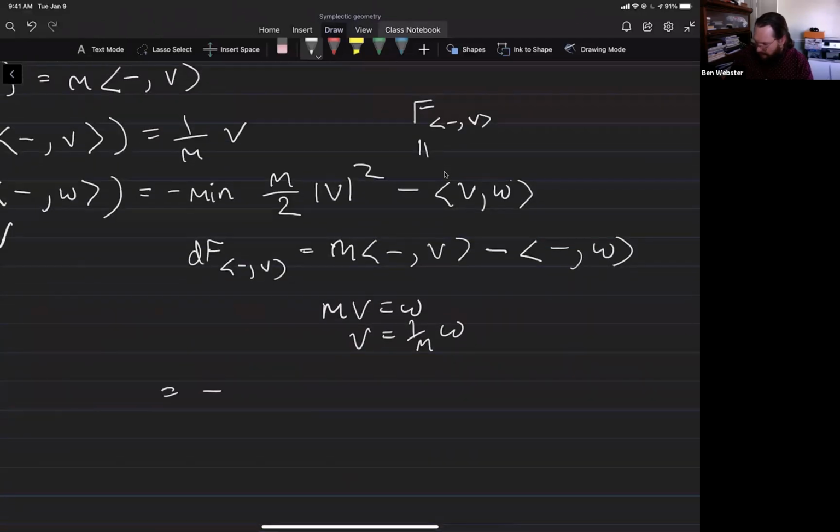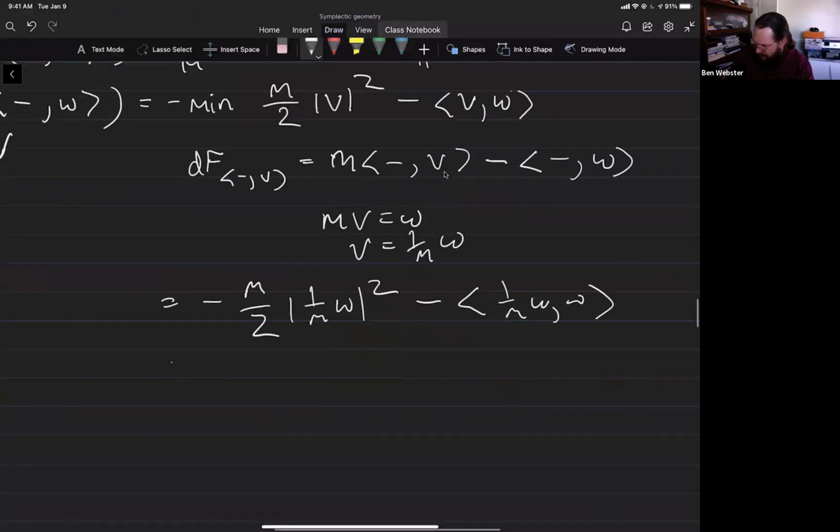Right, so I get minus, and somewhere in all of this is where this half actually turns out to be pretty important. I get minus m over 2 times the length squared of w divided by m, minus 1 over m w.